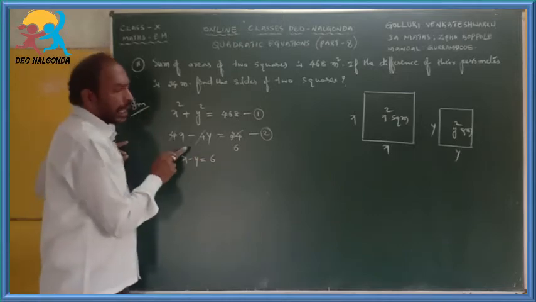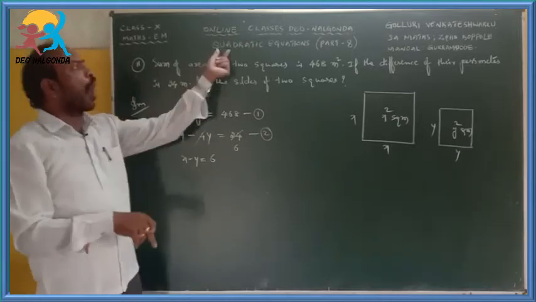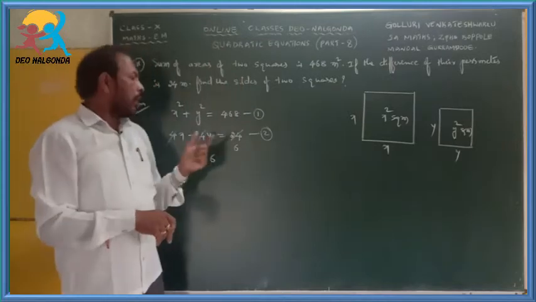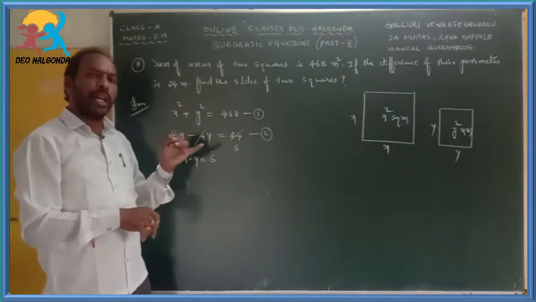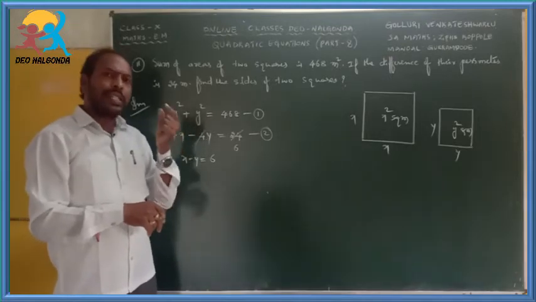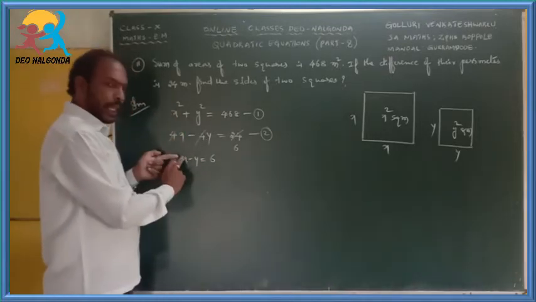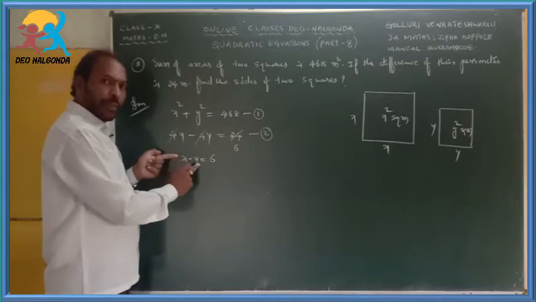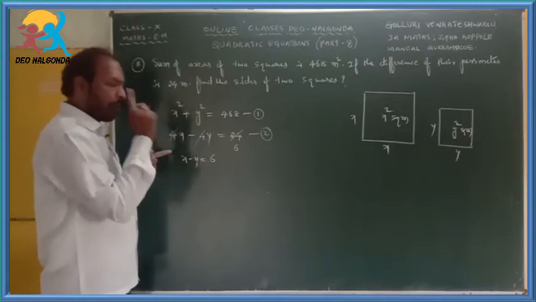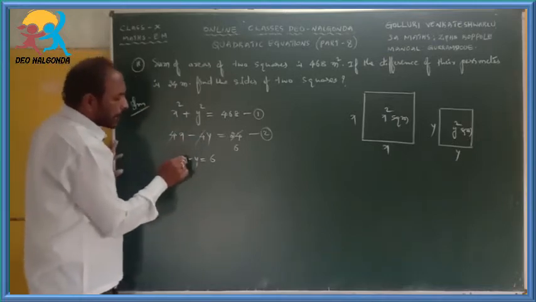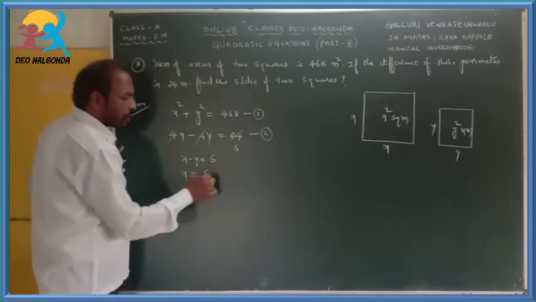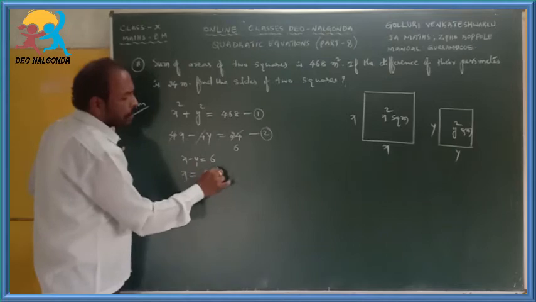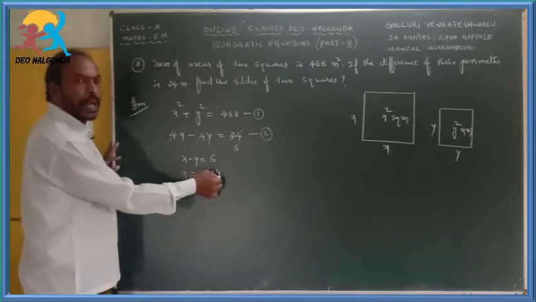We are discussing the quadratic equation. The standard form of a quadratic equation is ax square plus bx plus c, which contains a single variable. But here we have two variables. So eliminating one variable, from x minus y equals 6, transposing minus y gives plus y, so x is equal to 6 plus y.